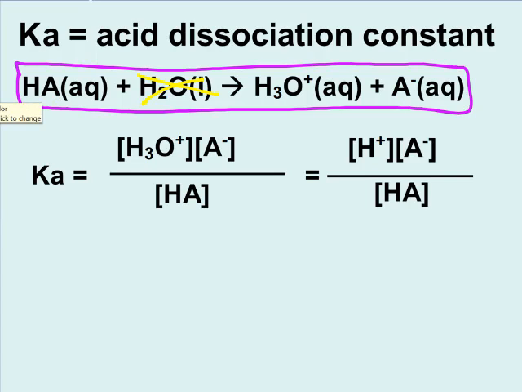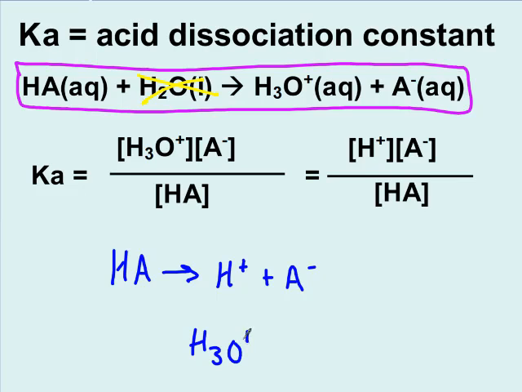Sometimes that equation that's boxed in has water removed from it for simplicity's sake, in which case the equation is written HA dissociates into hydrogen ion and A negative. H3O plus is the same thing as H plus.